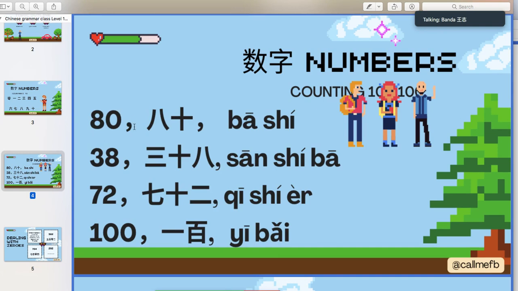Yuchi, coming back to you, can you take us to the first number? I just read 80. Yes, very good, nice. We're combining two numbers, 8 and 0. The Chinese numbering system uses the tens, hundreds.